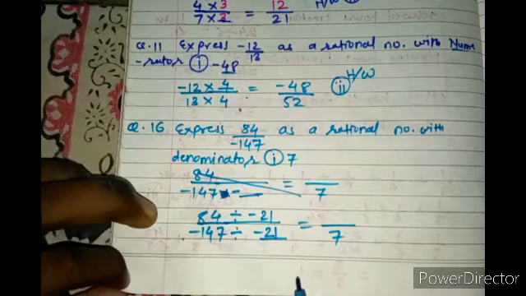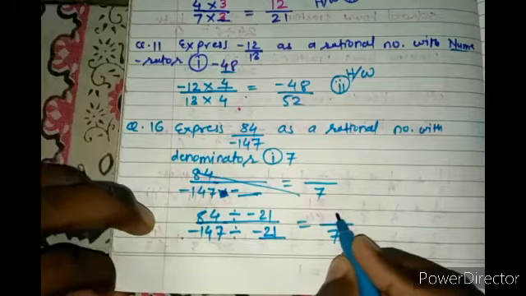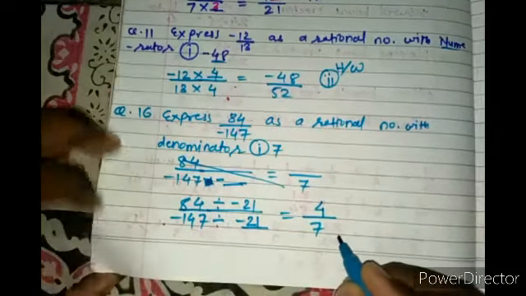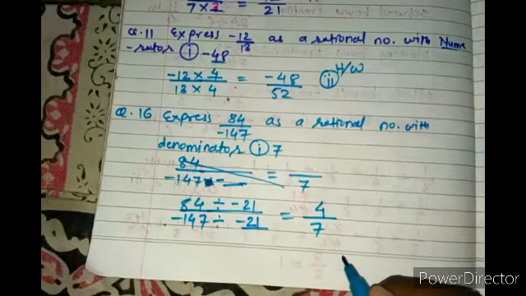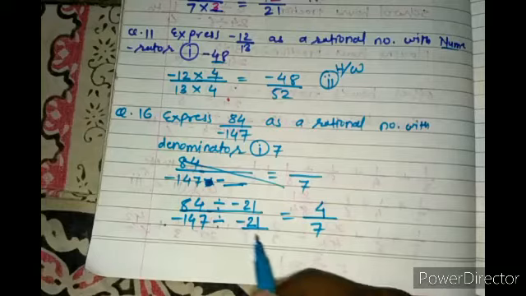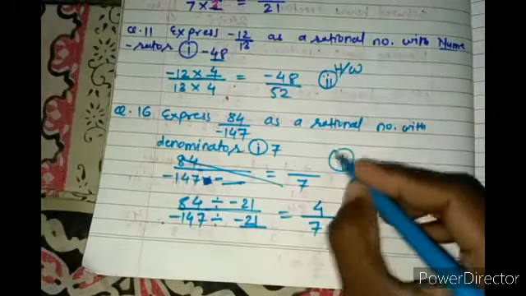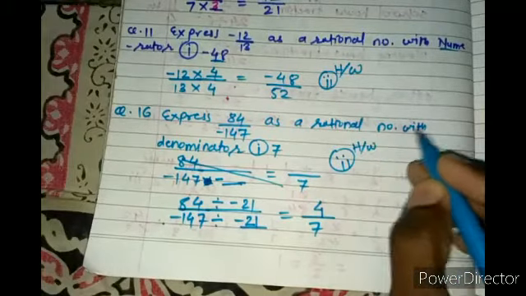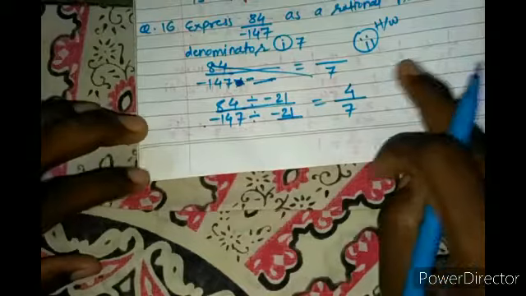And 4 ones are 4, so 21 fours are 84. In this way we can convert the denominator 147 to positive 7 by dividing by minus 21. I hope you will do the second problem of question number 16, the homework.